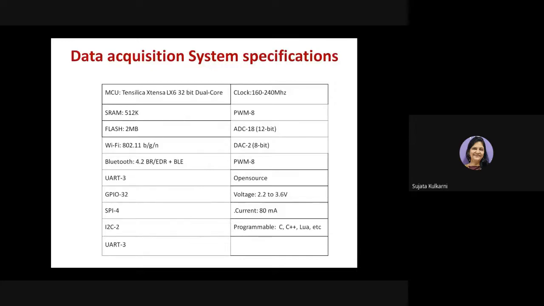Second is the heart of the system, that is your data acquisition. Since we do not want to use a conventional digital storage oscilloscope, and even the logic analyzer is very expensive and generally won't be there in the laboratories, it's a very rarely used solution.